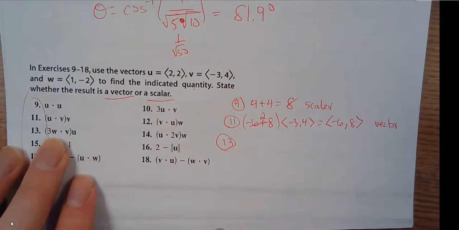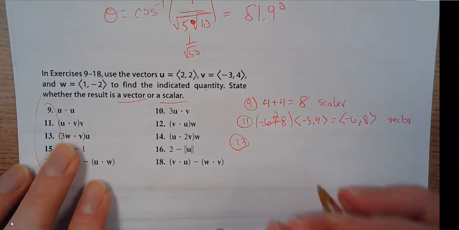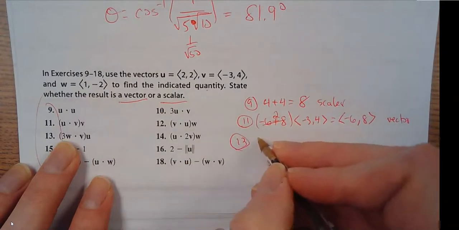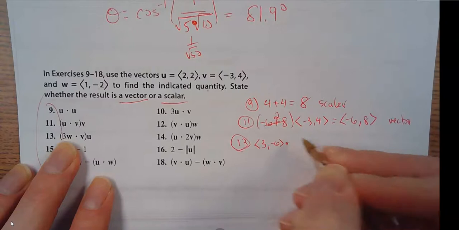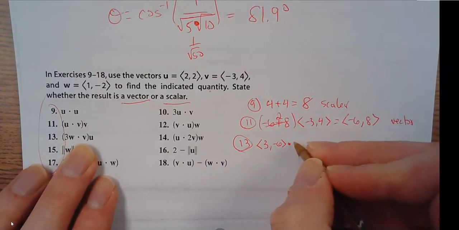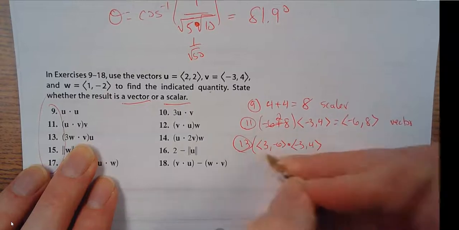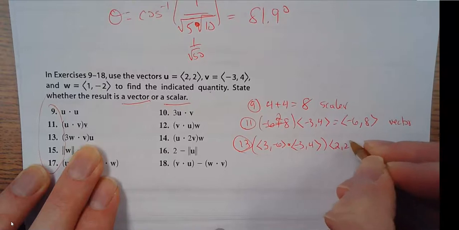Number 3, sort of the same idea here. We're going to take 3 times W. So 3 times W, I'll just write that down first. So 3 times W, that'd be 3, negative 6. So it's a dot product of that with V, which is negative 3, 4. And when I get that answer, that's a scalar that I'm going to multiply by U, which is 2, comma 2.